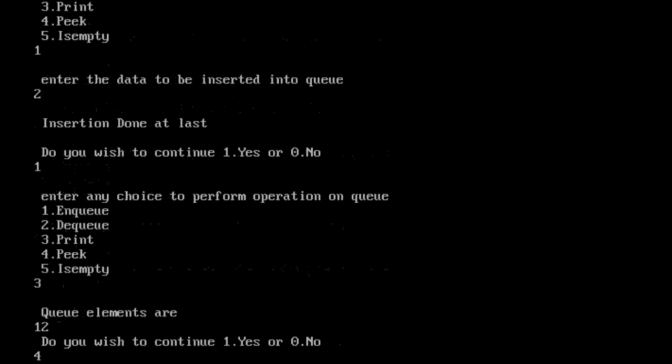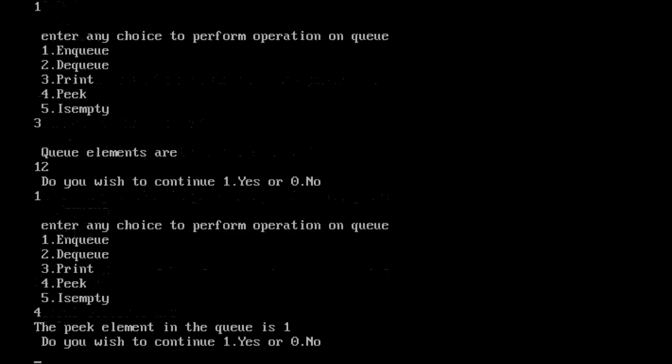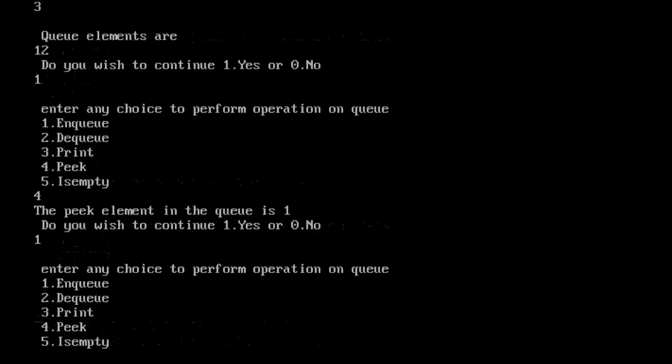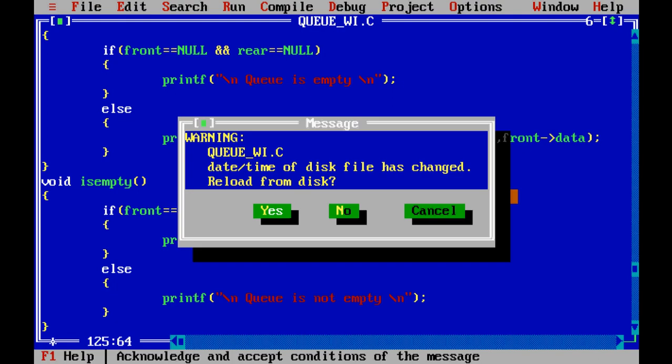And the fourth function is peek. Peek is nothing but the peek element in the queue, which is the top element, right? The element that was inserted first is the peek element in the queue. And let's check whether the queue is empty or not. The queue is not empty because 1 and 2 are there, right? So if I empty the queue, it says the queue is empty, right? So this is the problem.